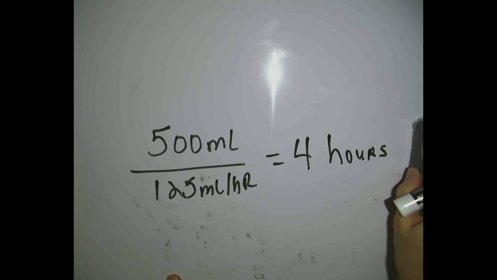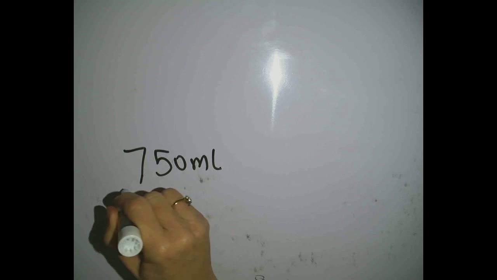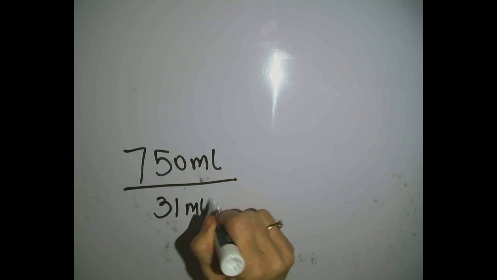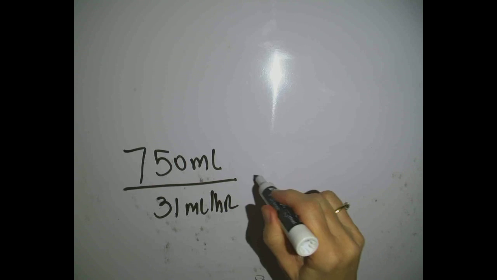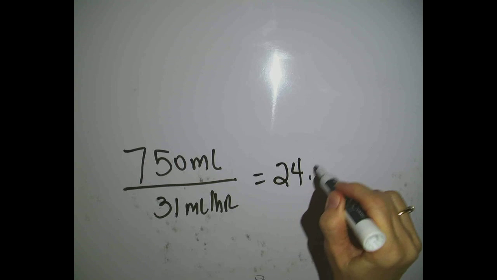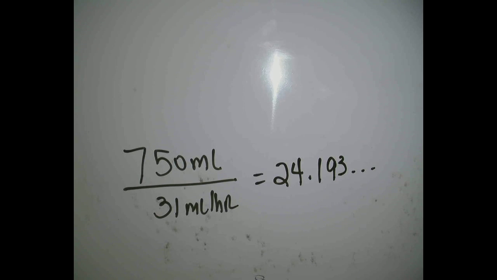And then our last example, we have 750 milliliters infused at 31 milliliters per hour. Which is going to come up with a figure of 24.19 and again some additional numbers.